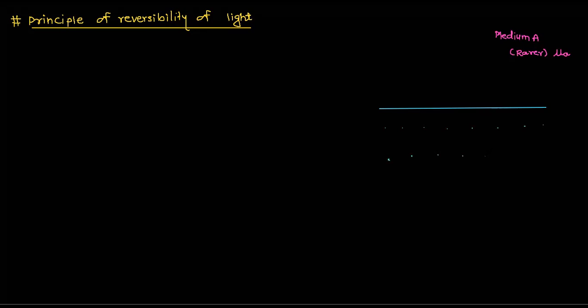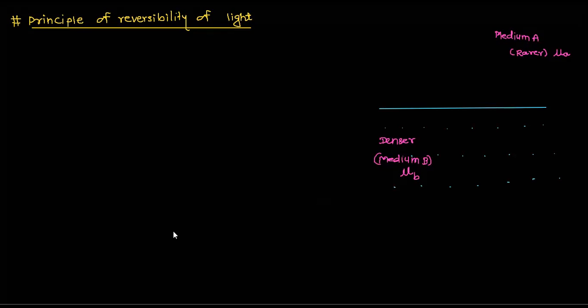What type of medium is this? Denser medium. And this is called medium B, and it is having refractive index mu B.